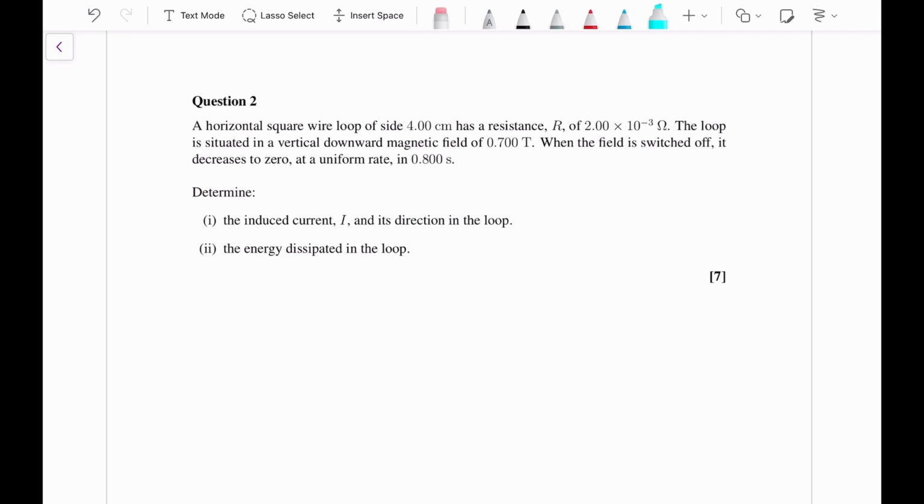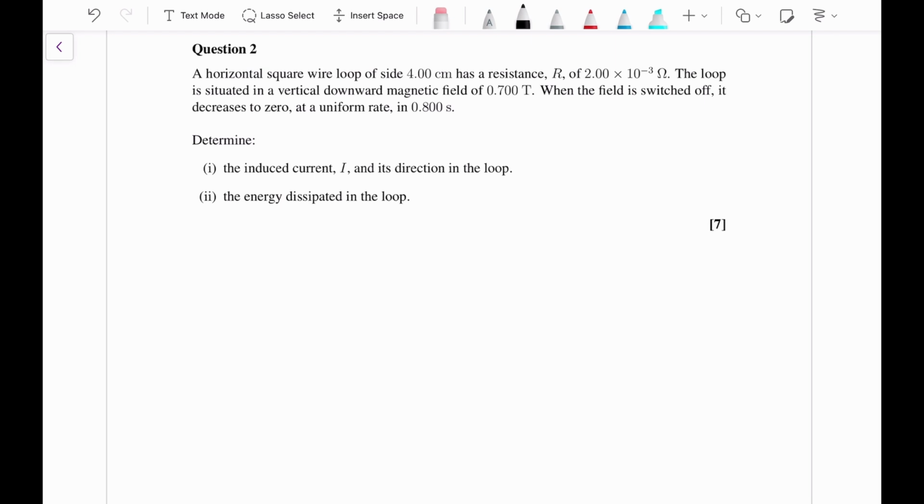Okay, so let's see how we can solve the first part of the question. Once you calculate the current, the equation that we need to use is definitely just V is equal to the change in the magnetic flux over the change in time.